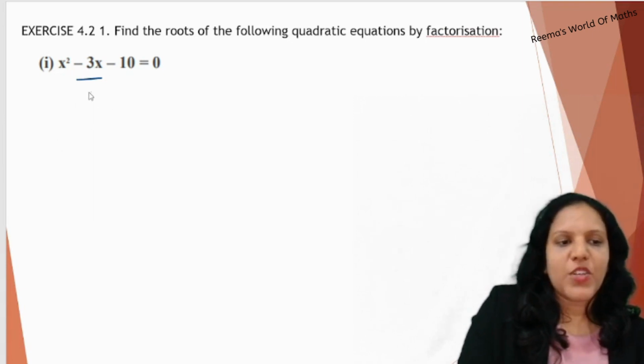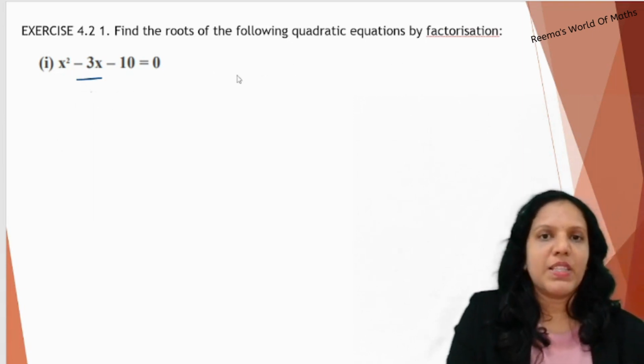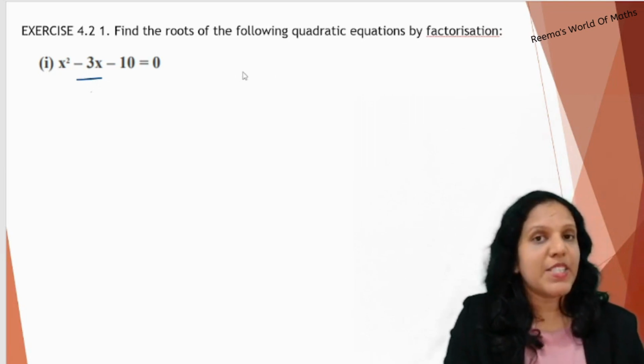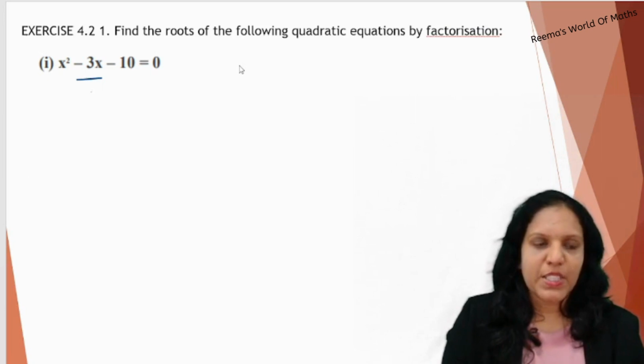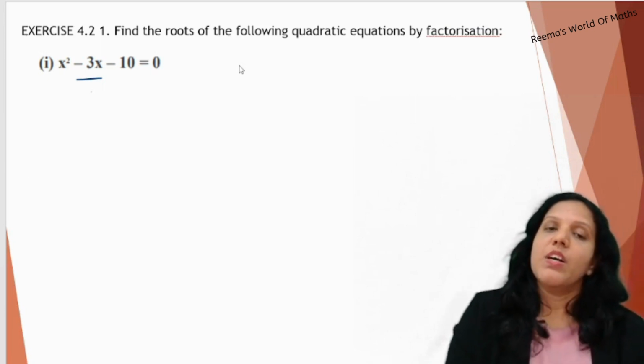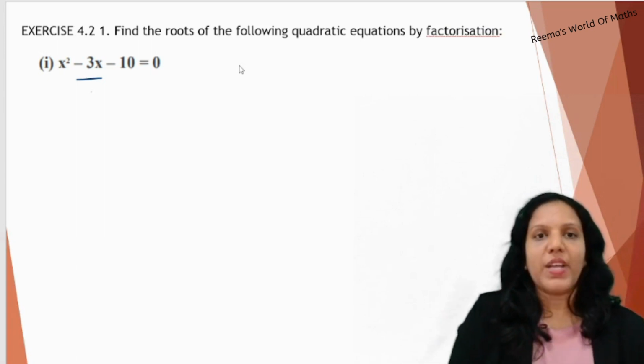So x squared minus 3x minus 10. How will we split the middle term? The middle term needs to be split in a way that the product of the coefficients of the split terms is equal to the product of the constant and the coefficient of x squared.